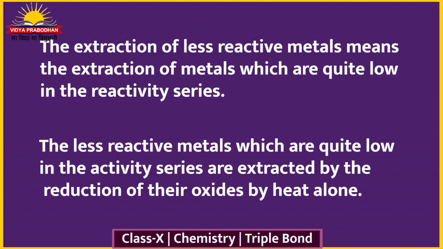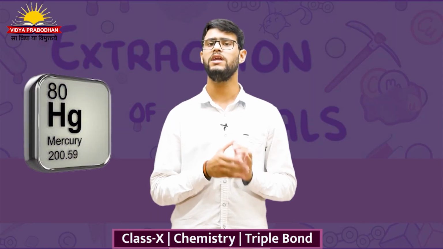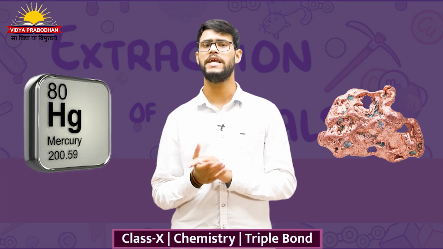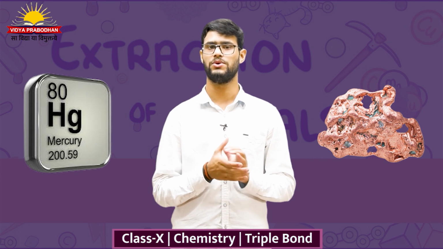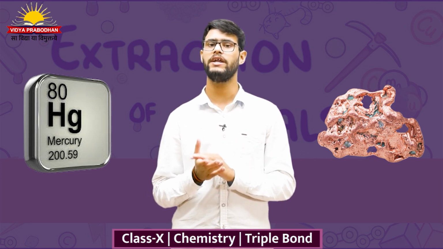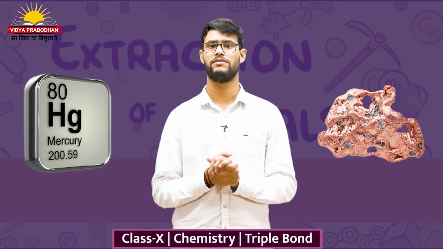The less reactive metals which are quite low in the activity series are extracted by the reduction of their oxides by heat alone. For example, mercury and copper are less reactive metals which are placed quite low in the reactivity series. So, mercury and copper metals are extracted by the reduction of their oxides by heat alone.